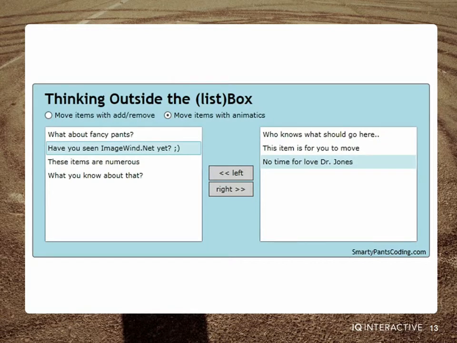Then we're going to remove this item from this list and add it to that list. Once it's on this side, we'll do the exact same thing. What is the position of this item now that it's in this list? Imagine it's right here. Now that the item is here, what is its position from here to here? So we've got the X offset for this, the X offset for that, and we also have the Y offsets for both as well.